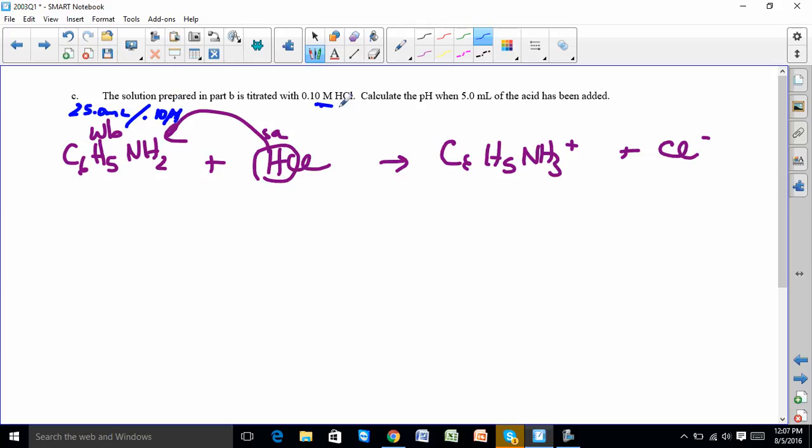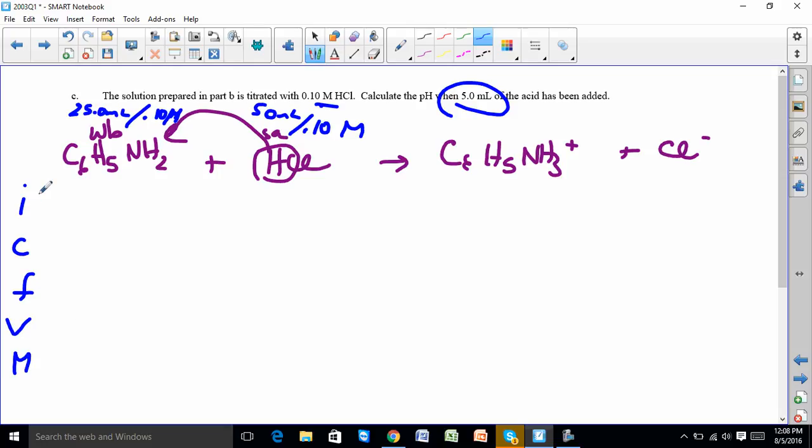And here they told you that they want to know the pH when this is 5 milliliters and this is 0.1 molar. And so an interesting thing happens there. One of the things on the AP exam is that you have to be able to calculate the pH at any point in a titration, meaning what would the pH be at 1 milliliter, 2 milliliters, 17 milliliters, 40 milliliters?